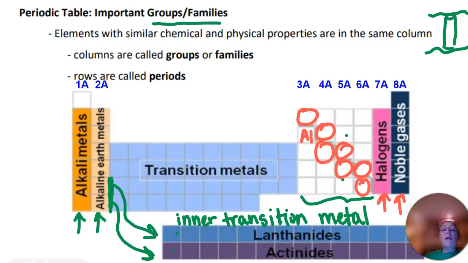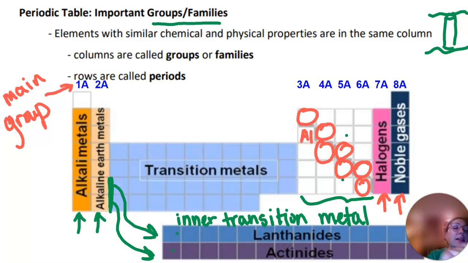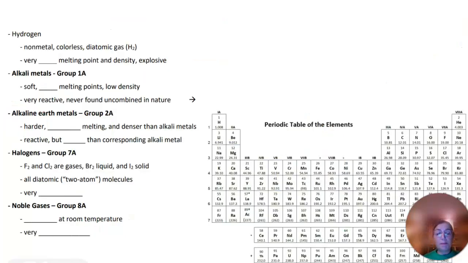So those are what we call our main group numbers and letters. That 1 through 8 are what we label as our main groups. So we like to label those main group or families with those designators 1 through 8 and say that we have those 8 main groups or columns on the periodic table.